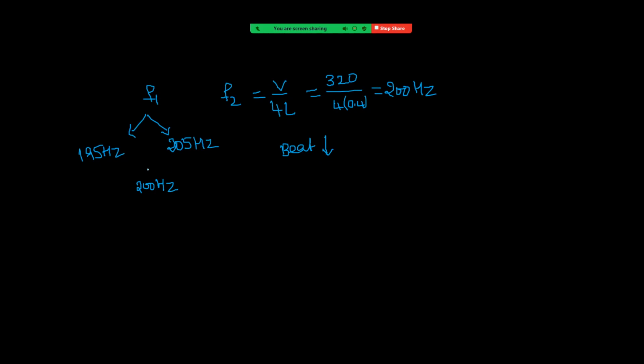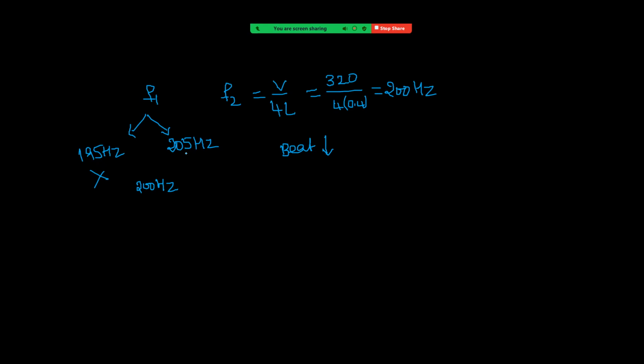I am repeating: if this is the answer, when we add wax its frequency becomes less than 195, then the difference from 200 will be more than 5. But the condition given is decreasing, so this is not the answer.